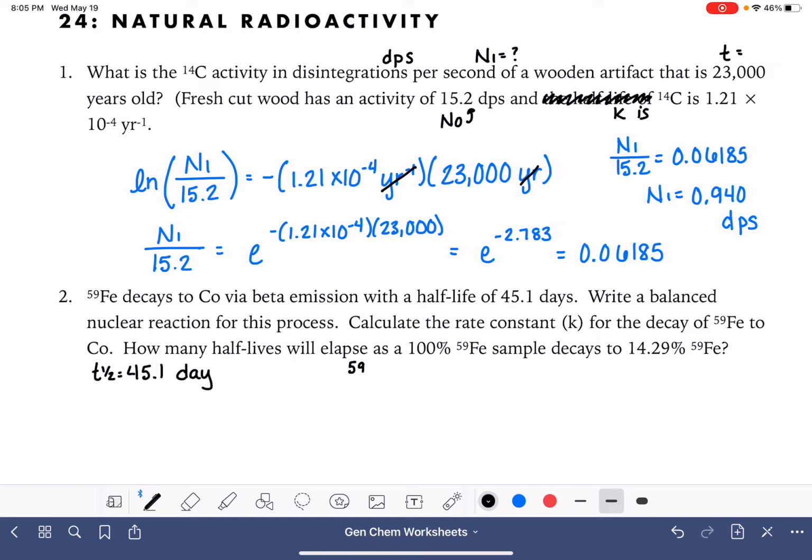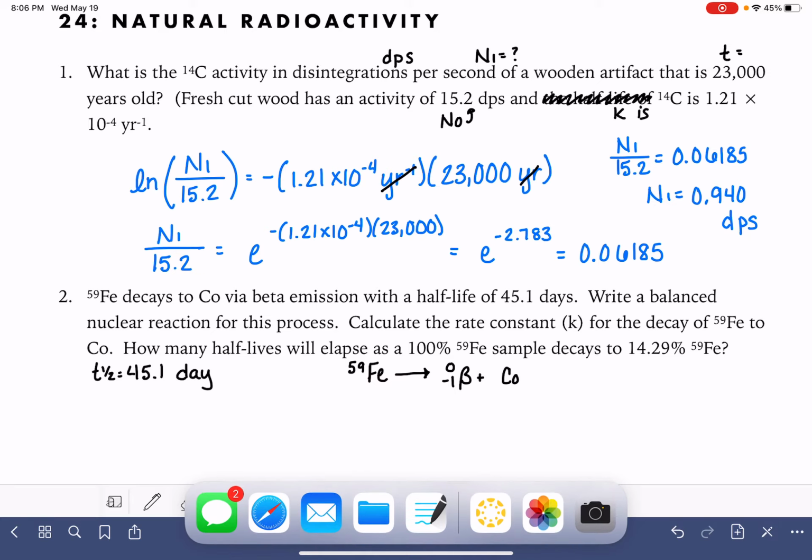So we've got iron 59 and it is undergoing beta emission. That means that it is losing a beta particle, otherwise known as an electron, and it is producing cobalt. We need to figure out what these numbers are right here. The easiest way to do that is to go look at a periodic table.